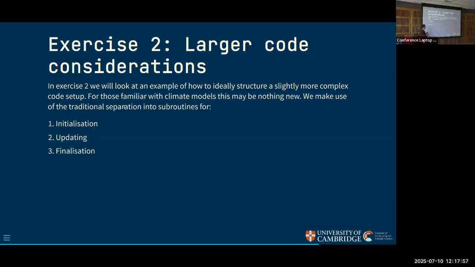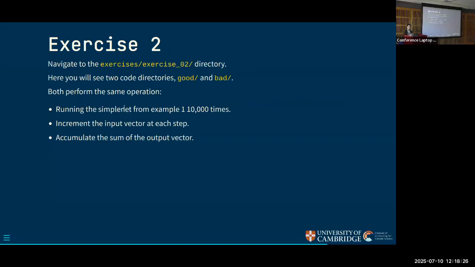Then you've got the updating procedure, which is just running that model that's already been loaded in, and you can call that multiple times in a row. And then the final stage, as Joe went over in the previous exercise, is finalization or cleanup, where we destroy objects that were created in memory, make sure everything's nice and clean before we close the model down. Hopefully, if you've used any kind of large model codes before, that will be a familiar process.